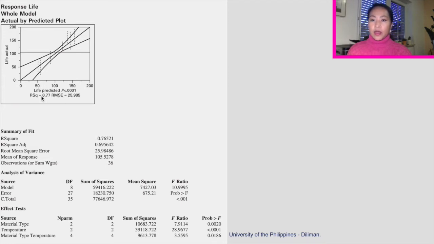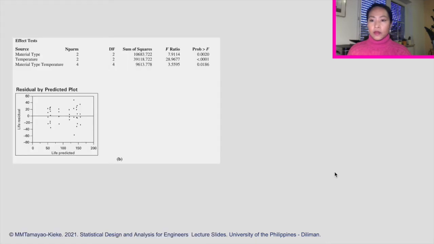And with this, your R squared is also around 77%, as we have computed. And you can see the familiar numbers over here.